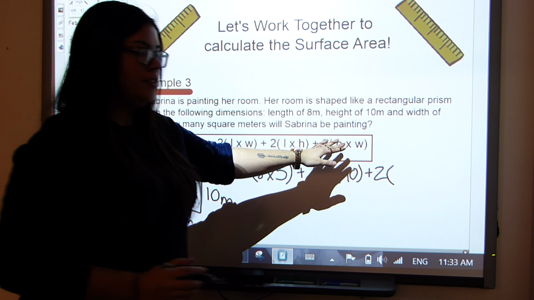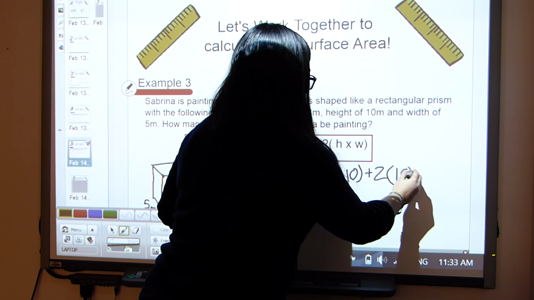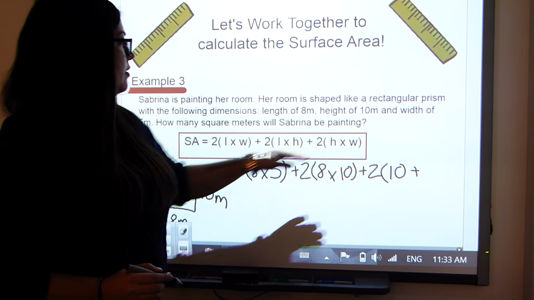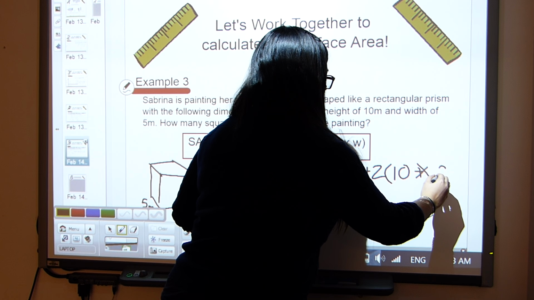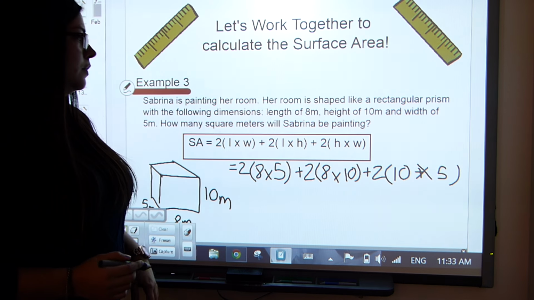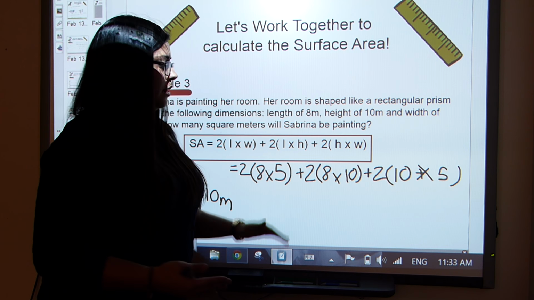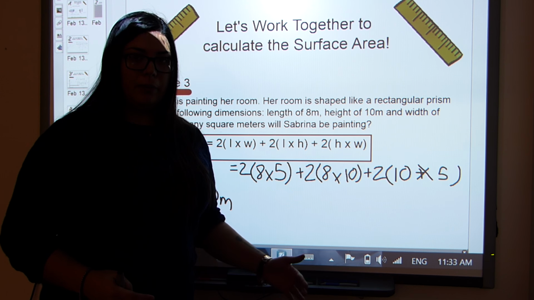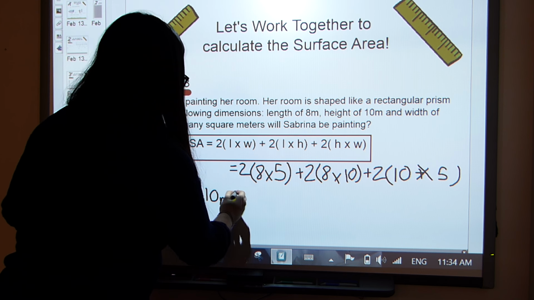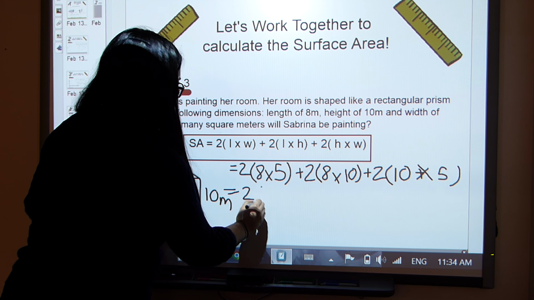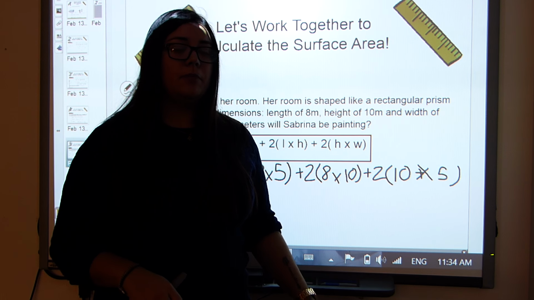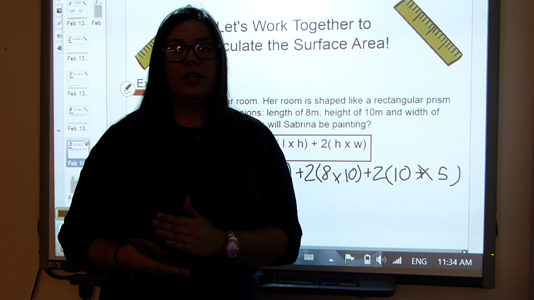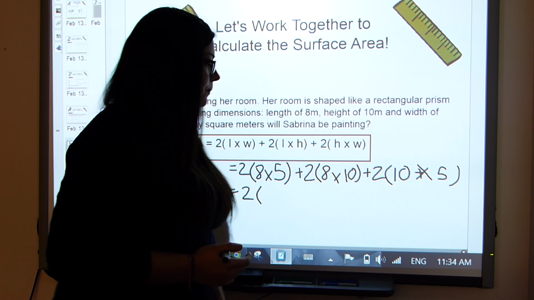Your height is 10. And your width is 5. Okay? So again, like we usually do, solve brackets, multiply by 2, add it all together. So I'll just do this quickly. If you're going to pause it, just make sure you follow along, pause it, and do the example before you actually see the answers to it.